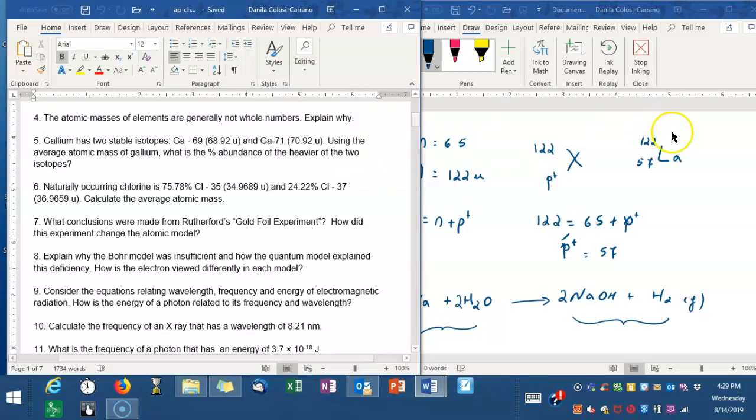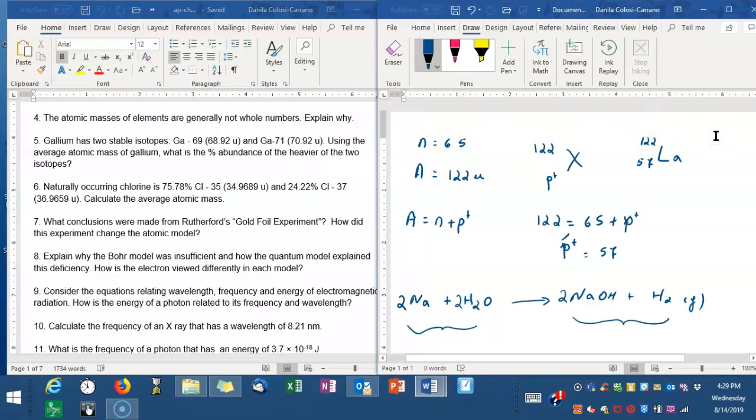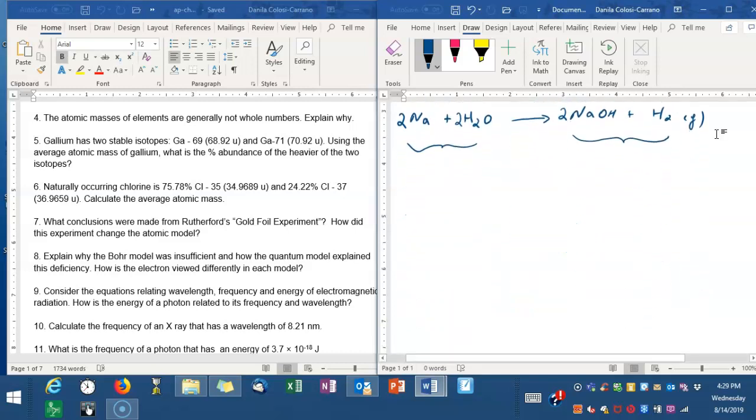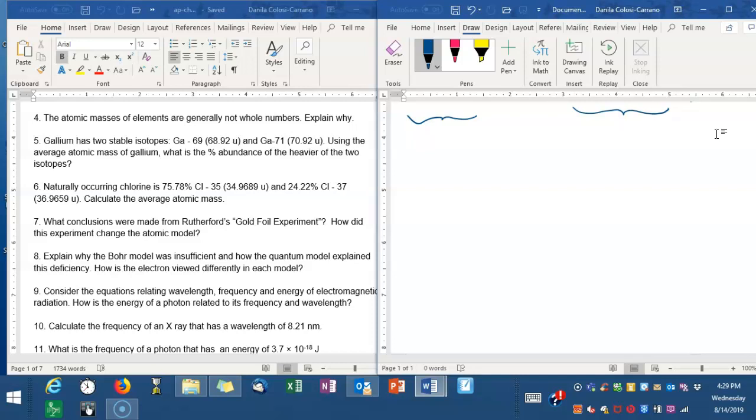Number 4 says atomic masses of elements are generally not whole numbers. Explain why. Well, the reason why they are generally not whole numbers is because the atomic mass, when you look at your periodic table, is an average.